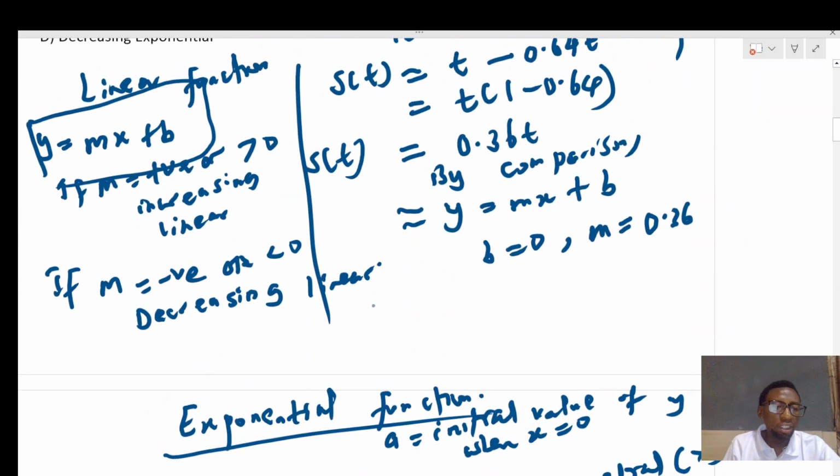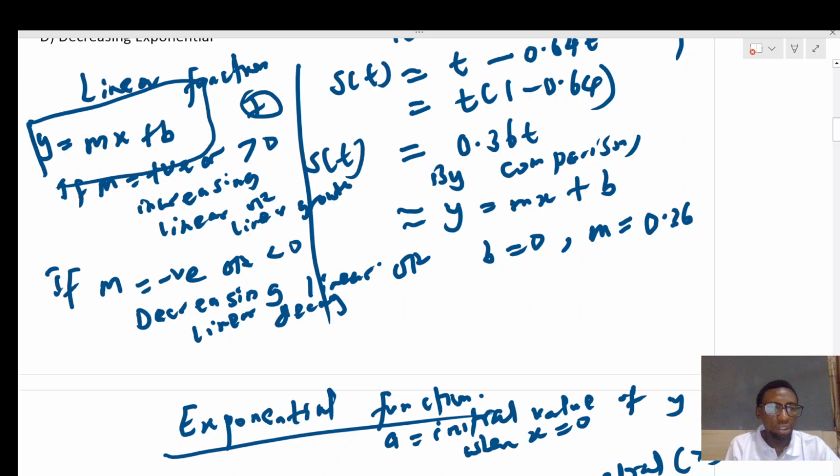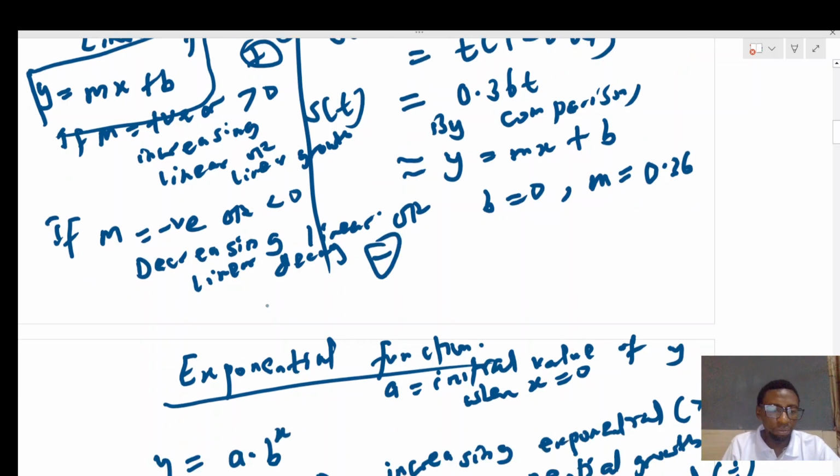So you can call this linear growth and linear decay. Linear growth is more like plus, and linear decay is more like minus. This is what I mean.